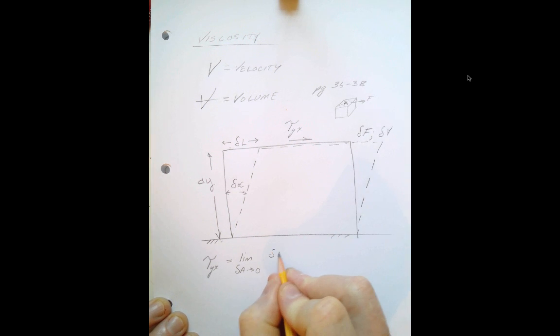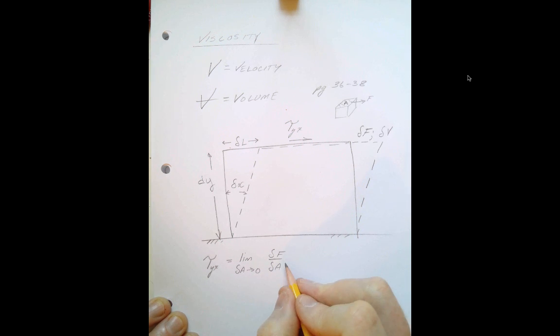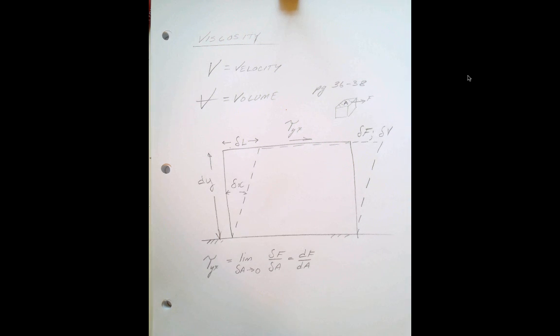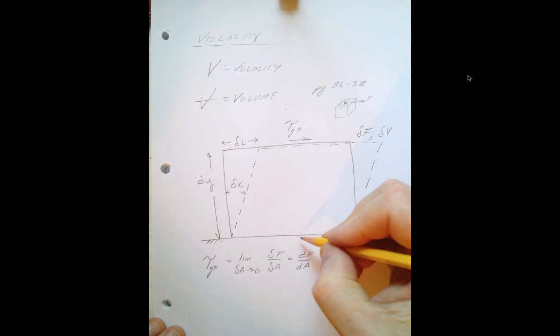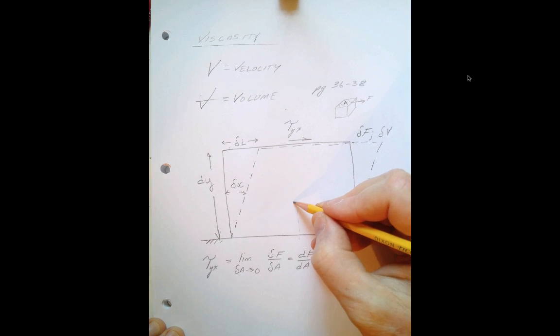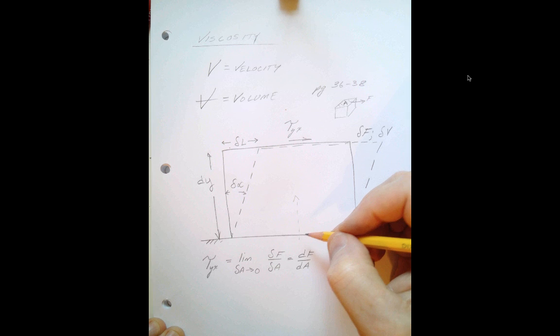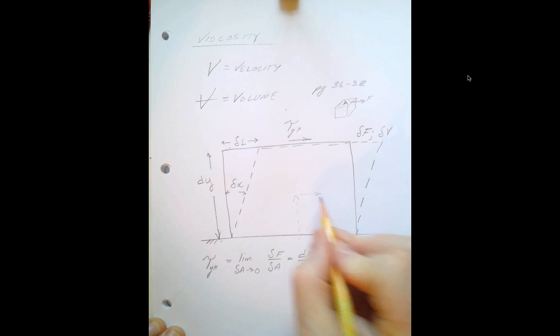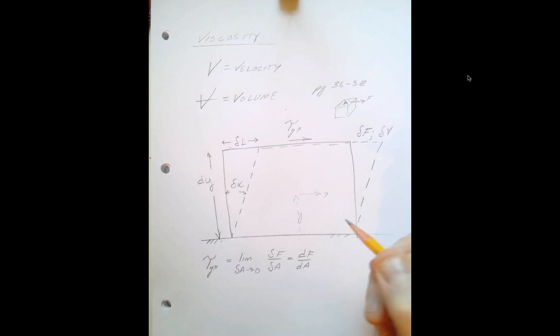And it's the limit as the force over the area are small, and that is dF over dA, and that is our definition of shear stress. Now the notation yx means the stress is perpendicular to the y-axis and applied in the x direction. So that's a tensor notation. Well, that's an attempt at a tensor description.